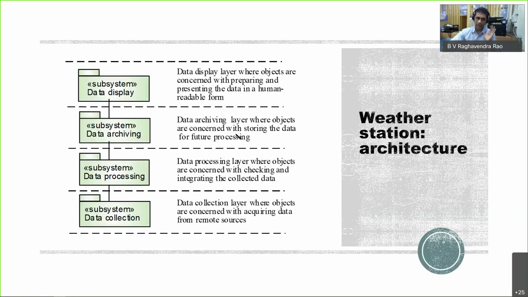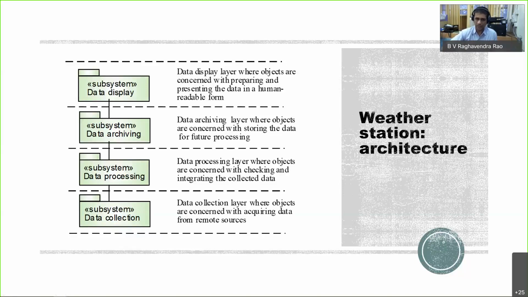Data processing is where you look at the archived data. You might want to check certain conditions, integrate the collected data, or analyze it. And the data collection layer is basically collecting data from the sources.